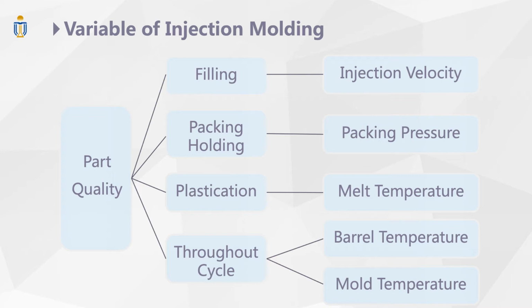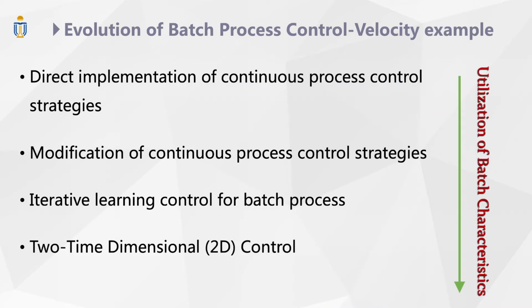Now let's revisit the different phases of injection molding, and we're going to focus on the injection phase and illustrate the control of injection velocity using some of the philosophy we developed. Injection velocity control in my group has been studied for over 2 decades.